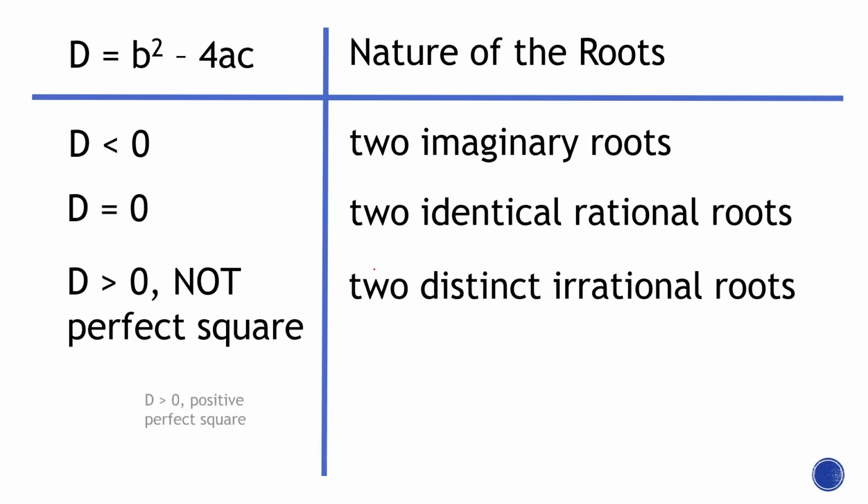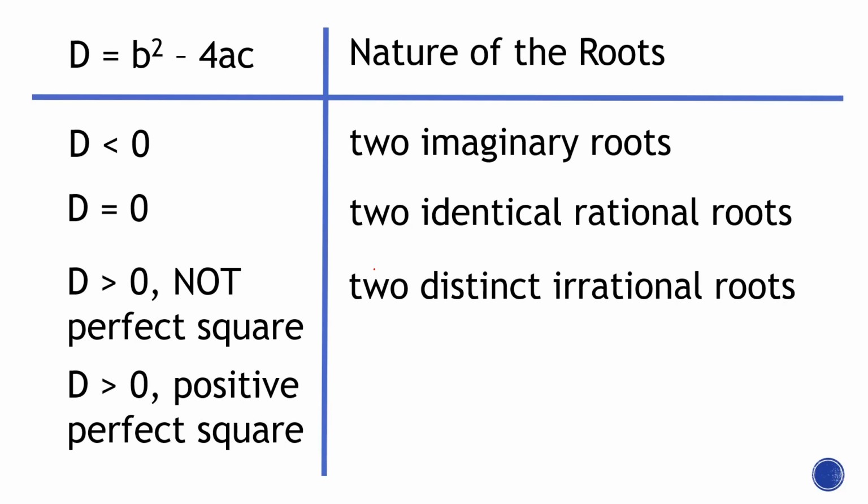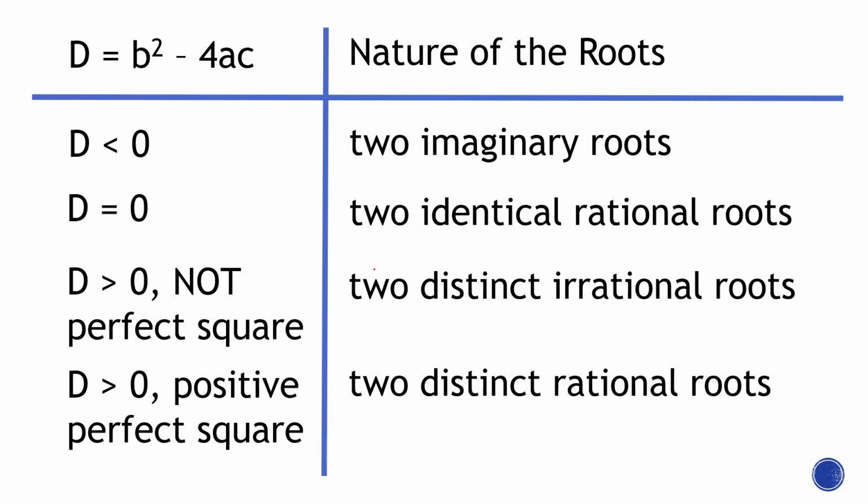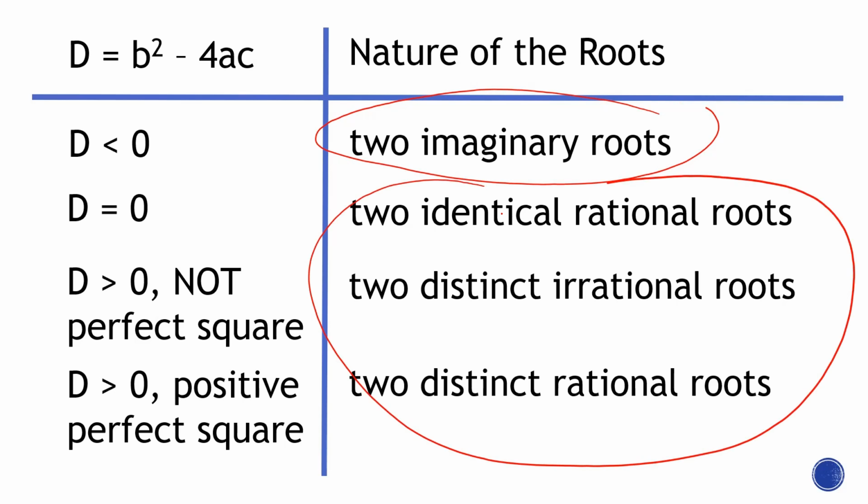The last one is if your D is greater than 0 and it's a perfect square number, then you will have two distinct rational roots. Okay? So here, we can classify the roots into two, imaginary and real roots.